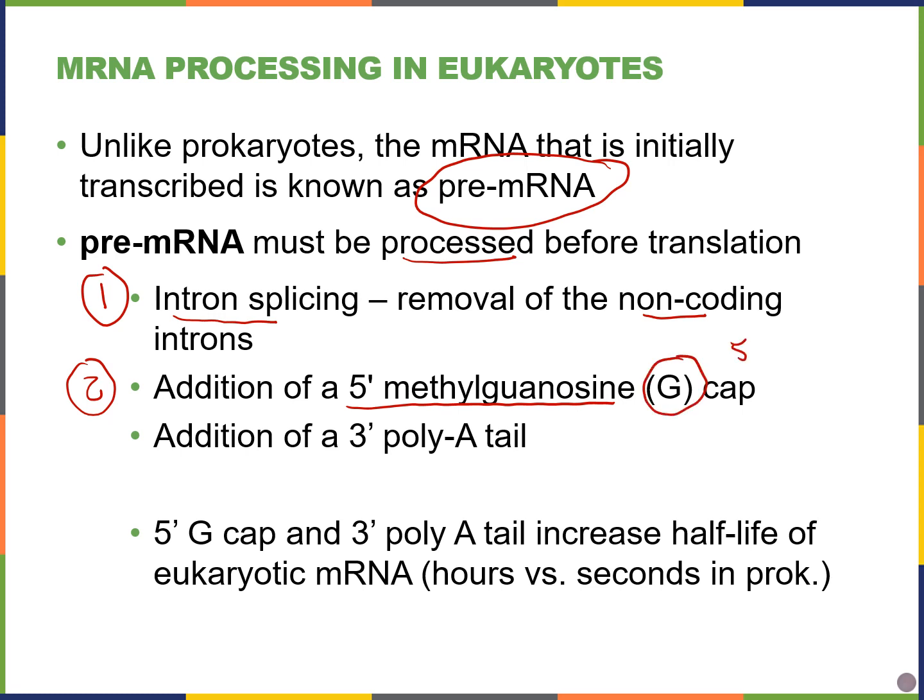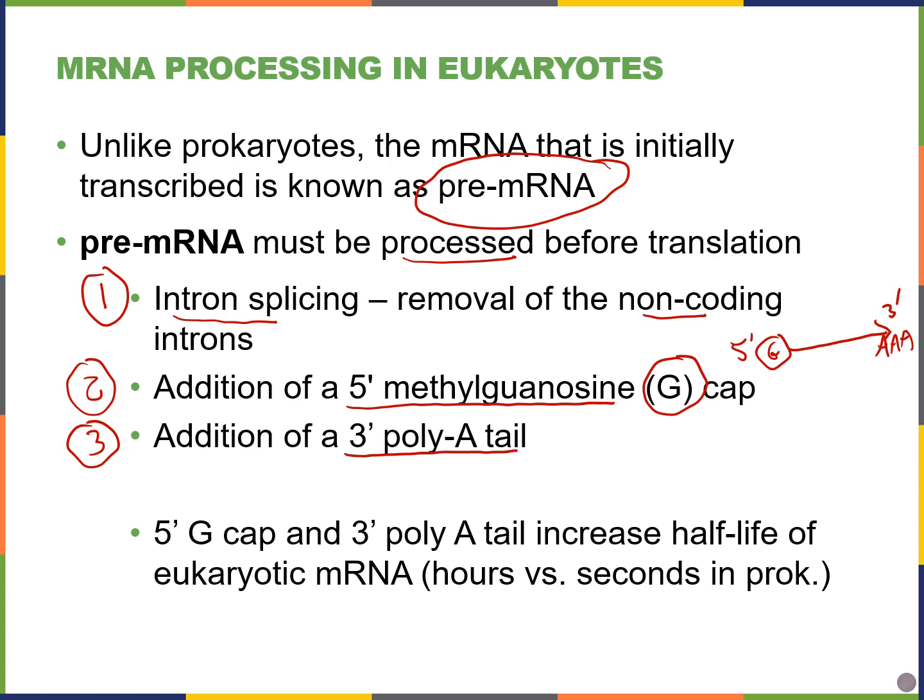We'll see that at the 5' end of the messenger RNA. So that's usually depicted on the left-hand side of our messenger RNA molecule. The final thing we're going to do is add a 3' poly A tail on the 3' end again of the messenger RNA. So you'll see a bunch of adenine nucleotides.